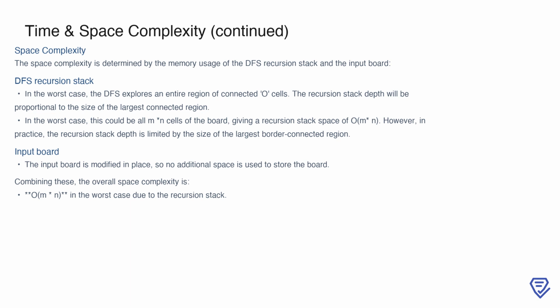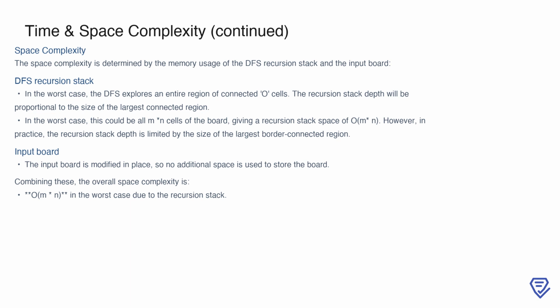This is determined by two factors: the memory used by the DFS recursion stack and the space taken by the input board. For the DFS recursion stack, in the worst-case scenario, the algorithm might explore an entire region of connected O cells. The maximum depth of the recursion stack will then be proportional to the size of the largest connected region.